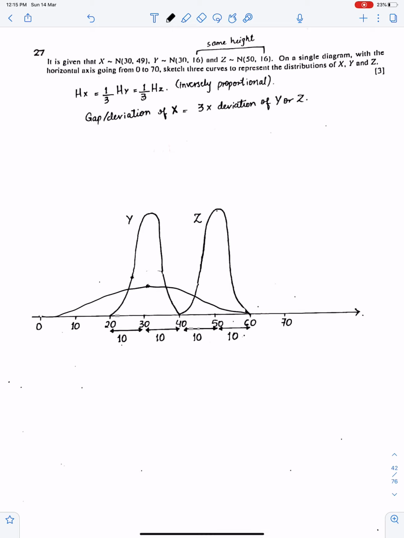This should be the curve of X. So this is one third. See, 1, 2, 3, because this variance is 3 times. So the height of X will be one third of the height of Y or Z, and the width will be 3 times. See, this width is 10 units, so this is 30 units. And the width of these two will be the same. You can take a screenshot of this if you want.